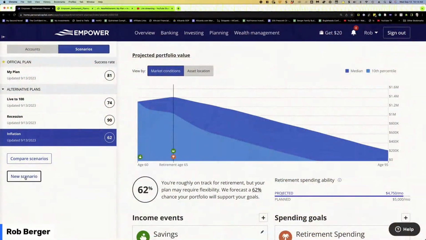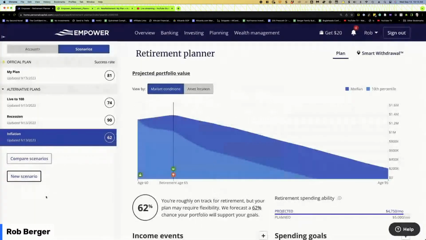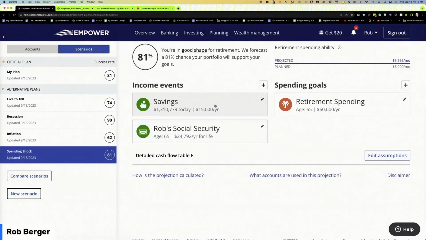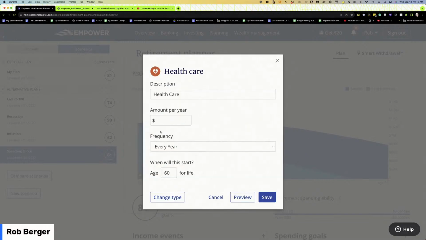The last thing, though, the fifth one, is a spending shock, and we can look at that in Empower. So I'll call it a spending shock. Why not? And we just come down here. So you can see we can have income events. So you could model, for example, an inheritance, right? But we also have spending, and we can do a number of things here. But here's healthcare.